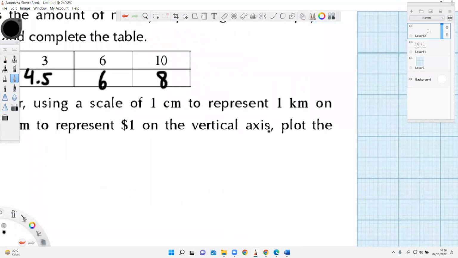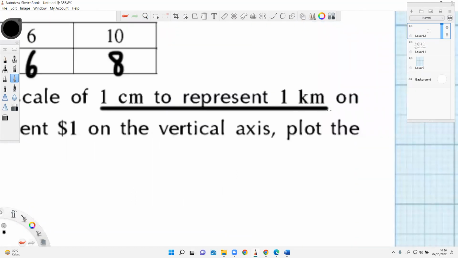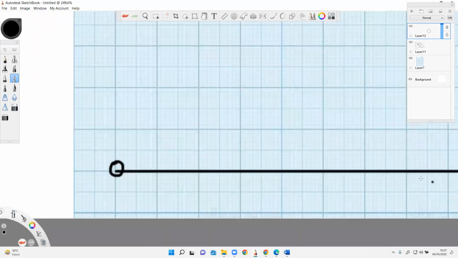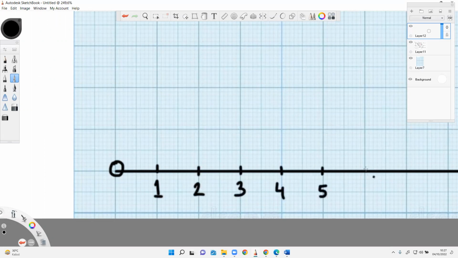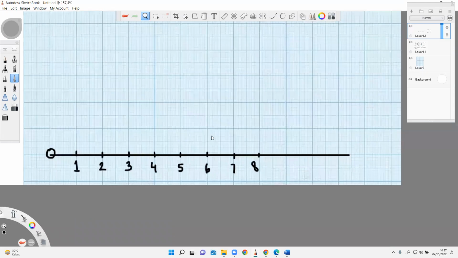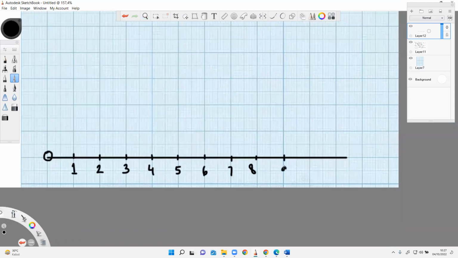So I have 1 cm here, 1 kilometer, right? 6, 7, until 10. Why? Because the question is giving you 10. But if you want to increase, it is not a problem at all.